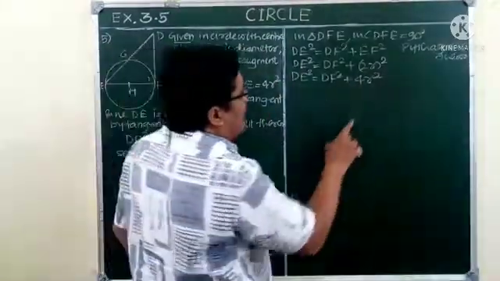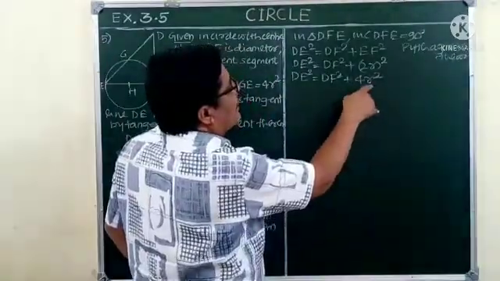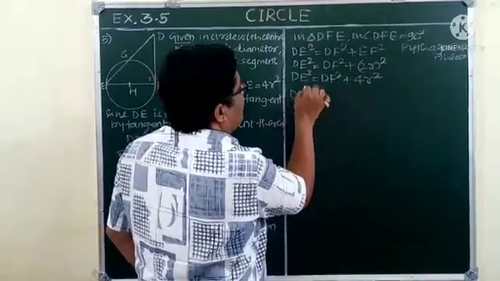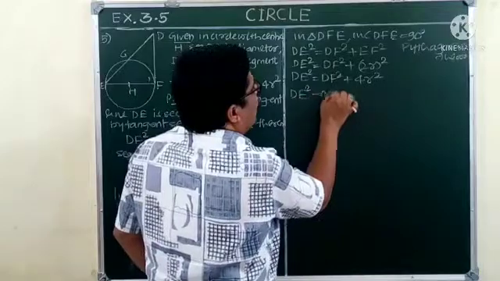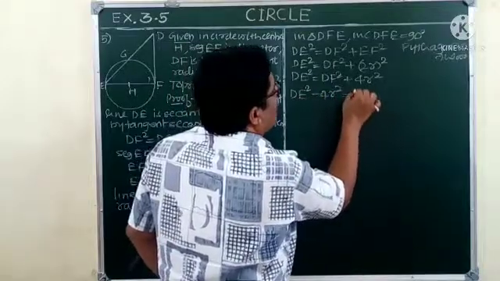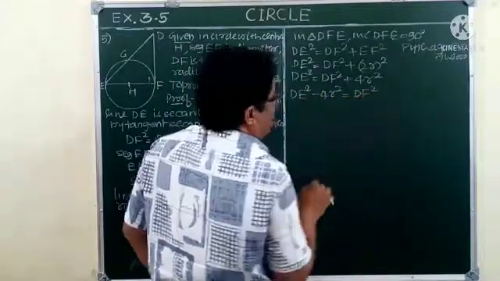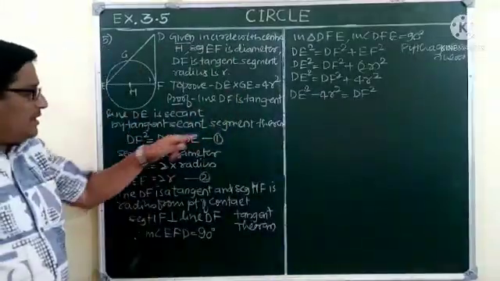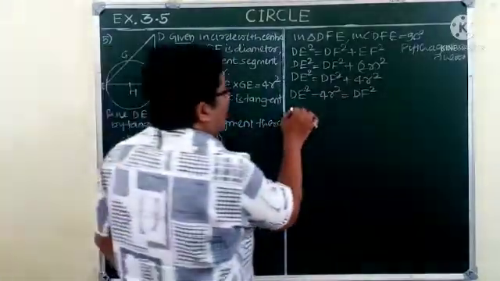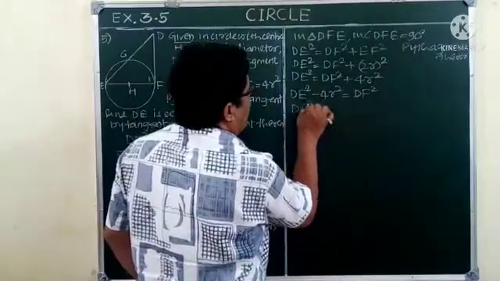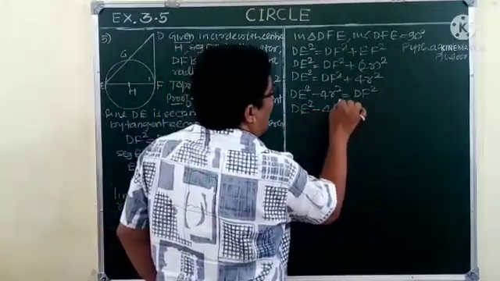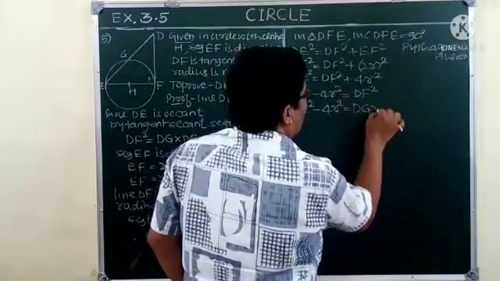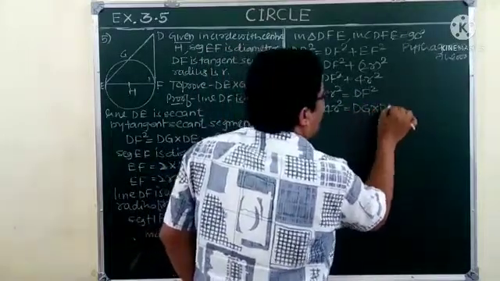यानंतर आता आपल्याला काय करायचं आहे, तर हे 4R स्क्वेअर या साइडला घेऊयात आपण. मग हे होईल DE स्क्वेअर मायनस 4R स्क्वेअर इज इक्वल टू DF स्क्वेअर. तर या ठिकाणी DF स्क्वेअर च्या जागी आपण ही किंमत त्या ठिकाणी ठेवणार आहोत. सो इट विल बिकम DE स्क्वेअर मायनस 4R स्क्वेअर is equal to DG multiplied by DE.